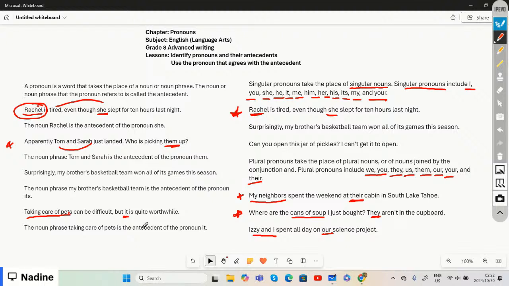And then we have singular pronouns and plural pronouns. Singular pronouns take the place of singular nouns. Plural pronouns take the place of plural nouns, or we can say nouns that are joined by a conjunction and, which is also plural because it is joining two nouns.